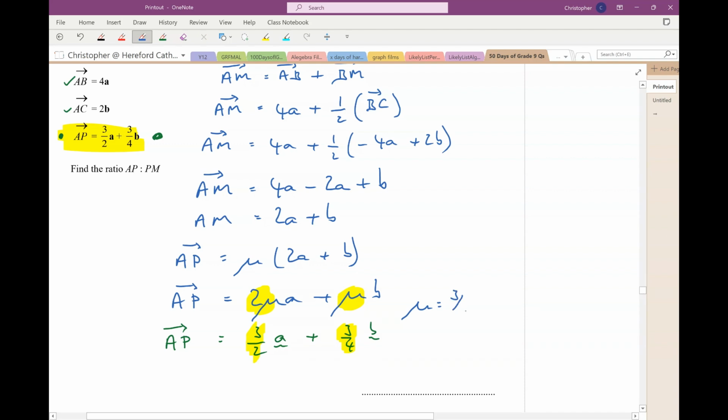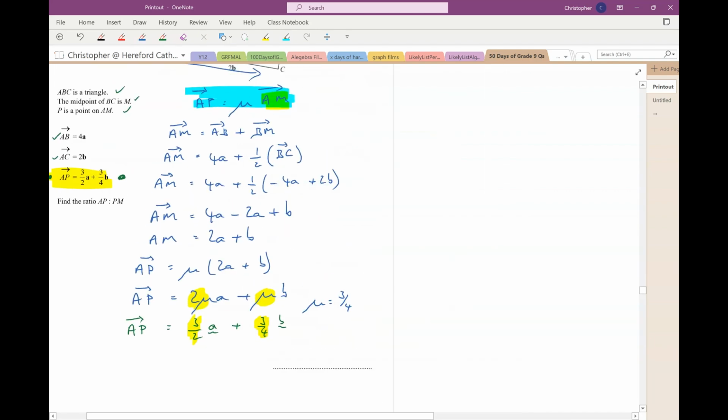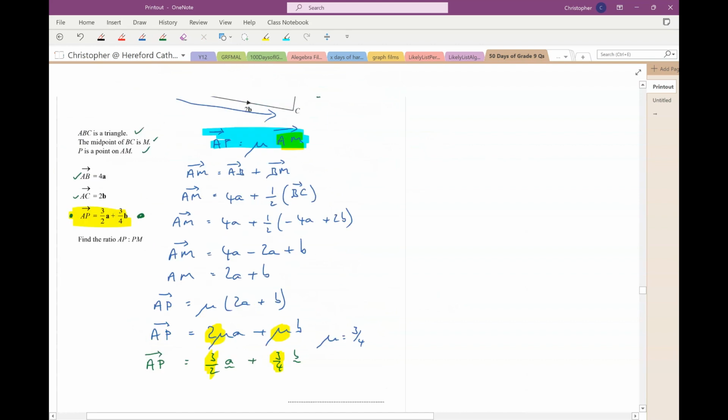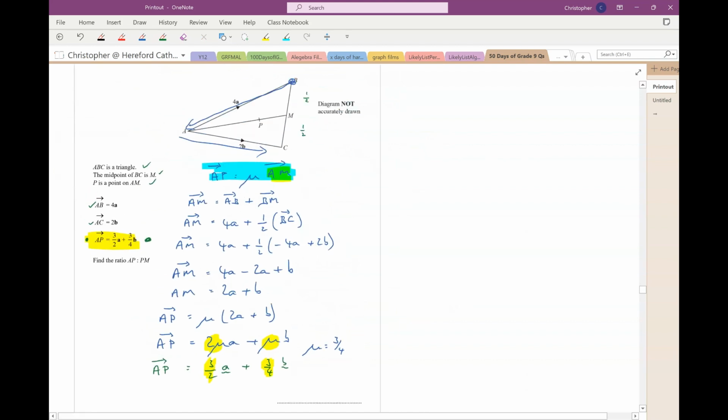Now, let's go back to see what I was asked for. So we've just decided that AP is 3/4 of the way along AM. So A to P, that bit, is 3/4 of the whole thing. Right.